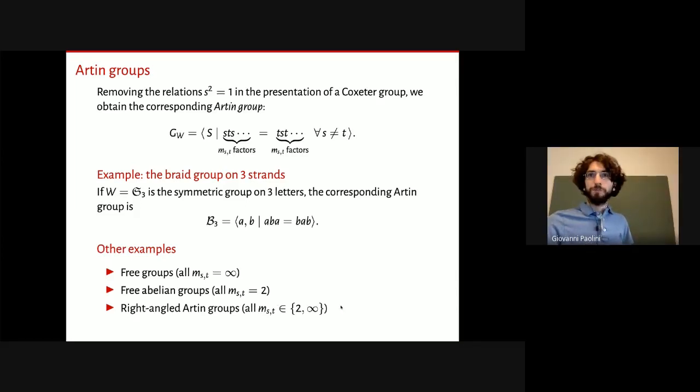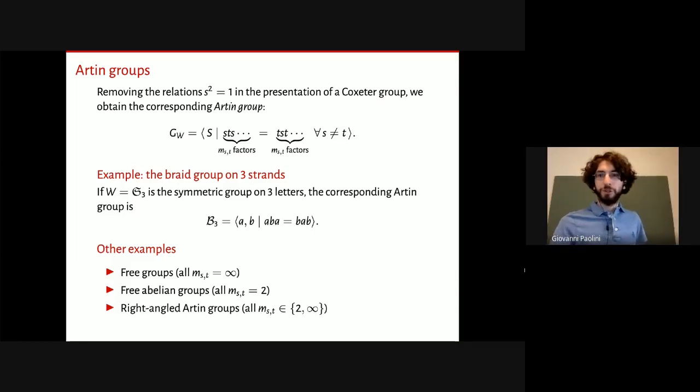And in between, we have the rich and interesting class of right-angle Artin groups, where basically we select some pairs of generators, and those pairs are going to commute, and there are no relations among the other pairs of generators. Very well.